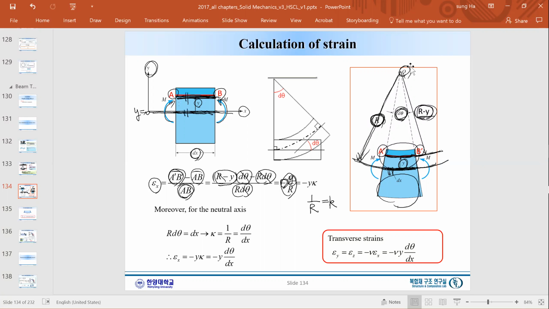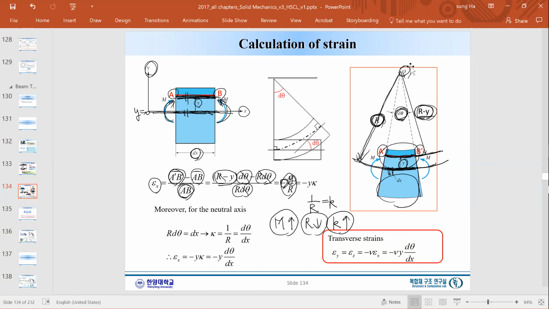So if we have more bending, which means M is increased, r will decrease, and curvature will simply increase. So M is proportional to curvature. That's the main reason why we want to define the curvature rather than r. But r geometrically is very clear and very important in defining the strain.